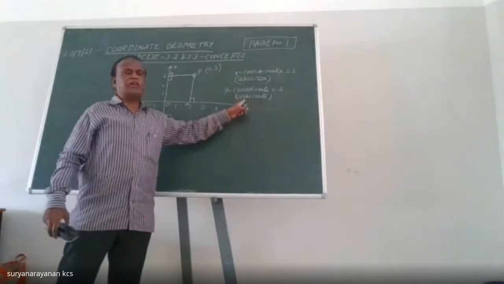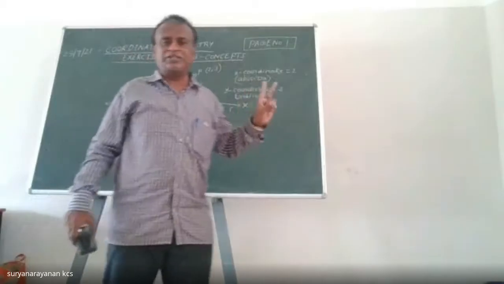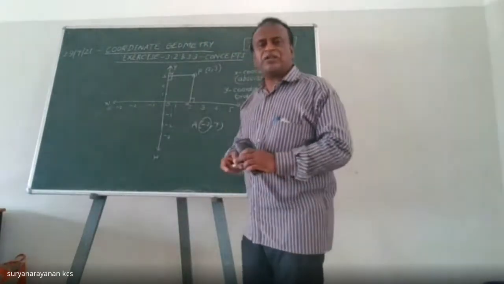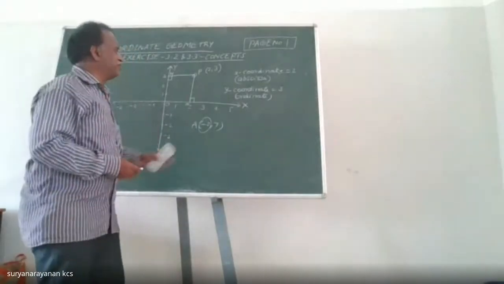Another name of the y coordinate is ordinate. Remember this terminology. Ordinate. What is the other name of the y coordinate? Ordinate. Remember this point.